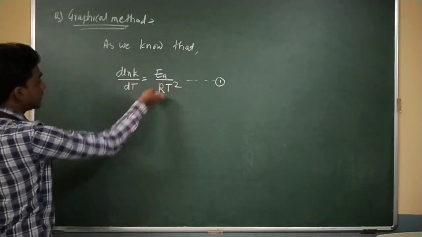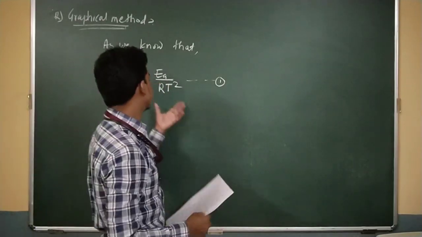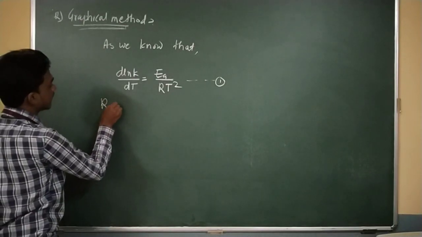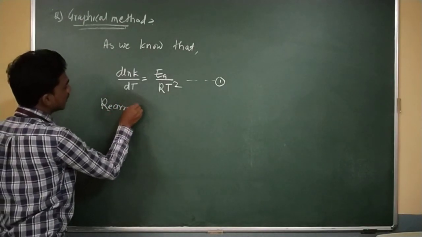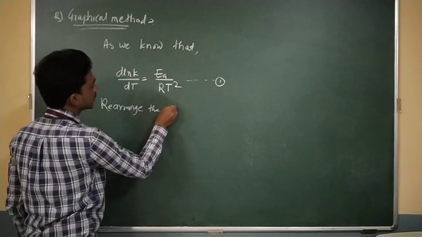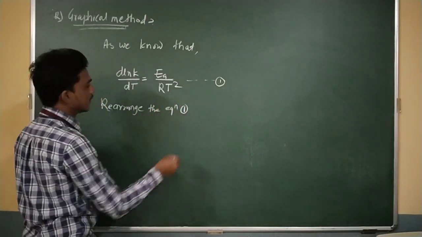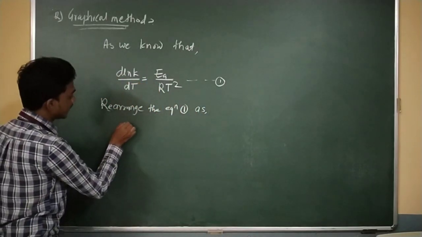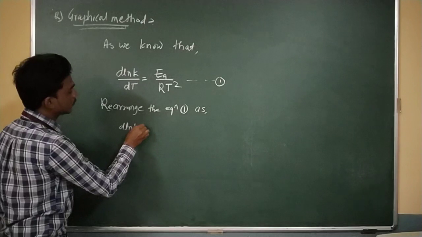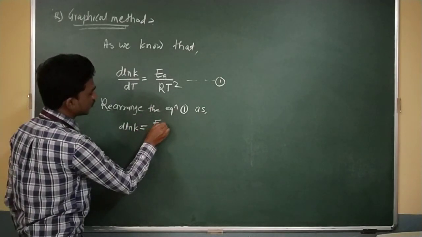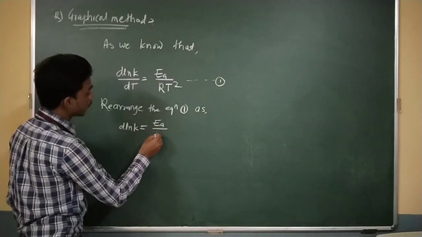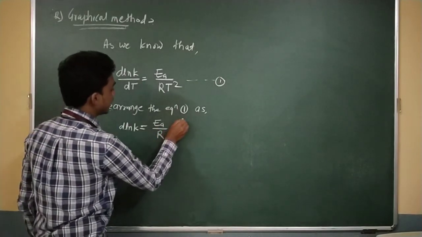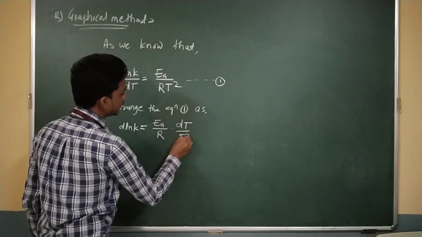I can rearrange this equation and integrate it. Rearranging, equation one becomes d ln k is equal to Ea upon R into dT upon T square.